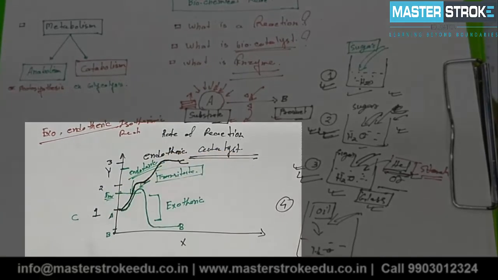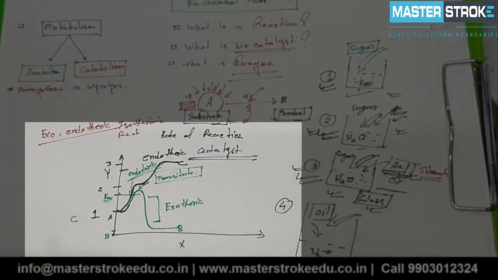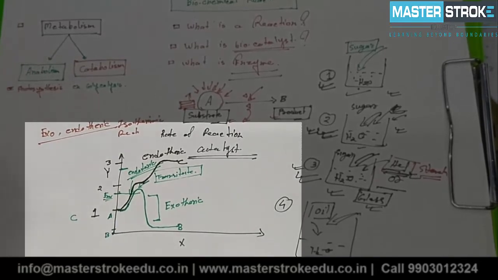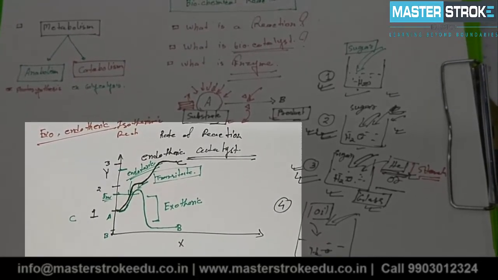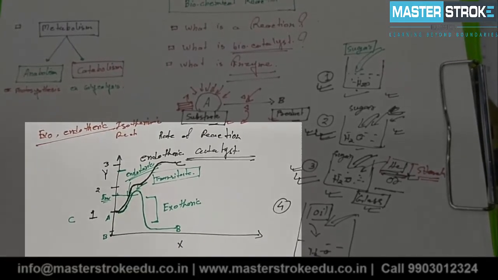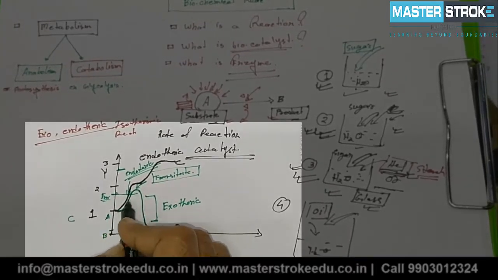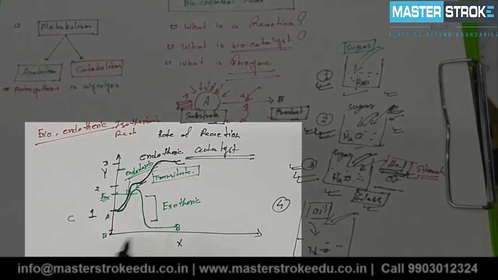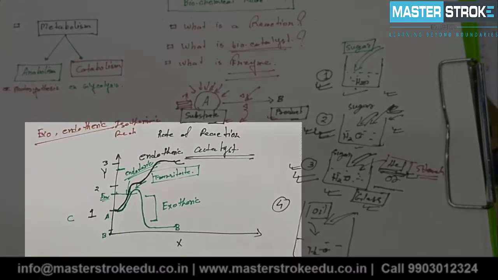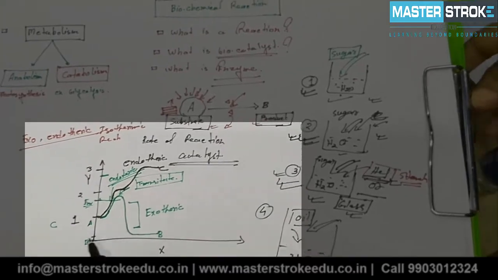So we can understand from this what happened. During the reaction, we cannot say it is an endothermic reaction or exothermic reaction, because in every reaction the first half is endothermic and the second half depends, whether it is exothermic or endothermic.